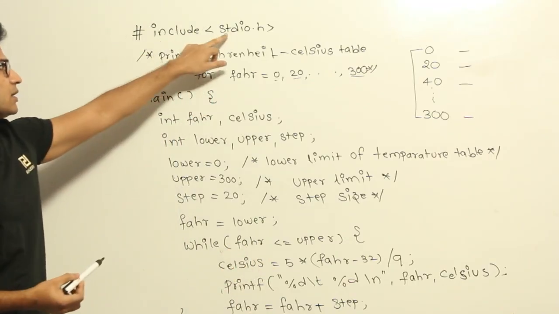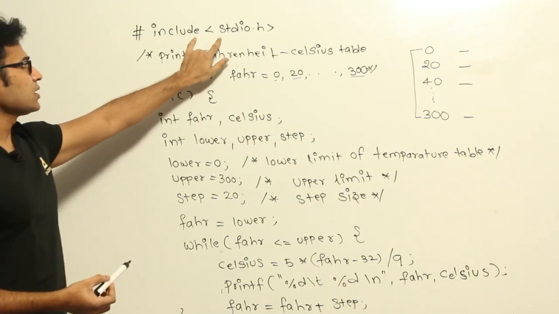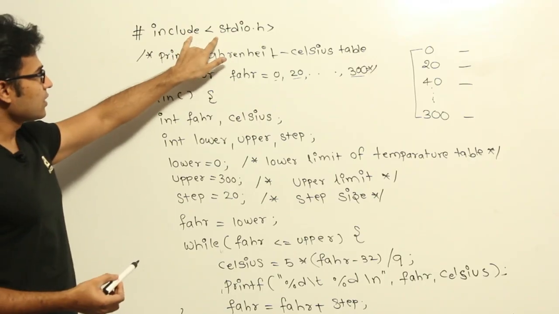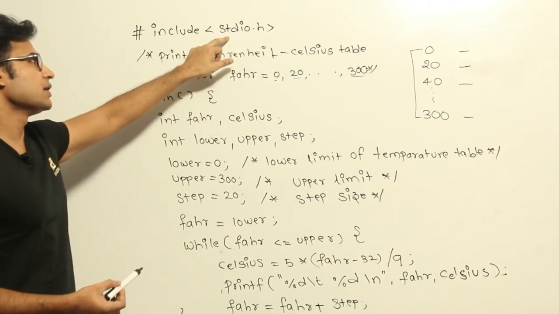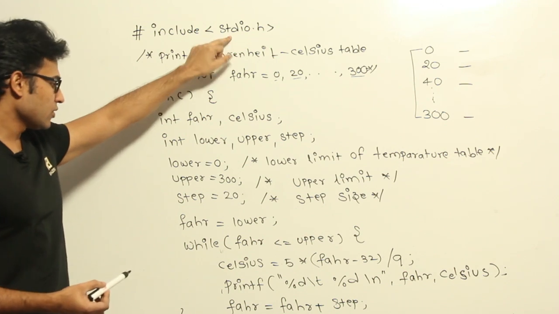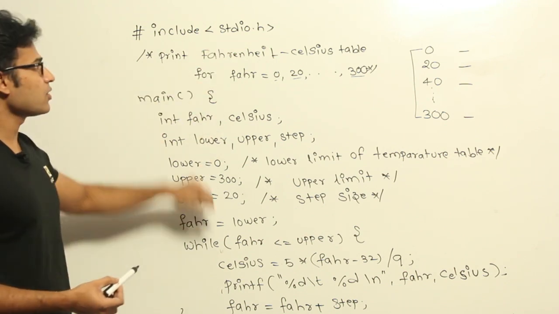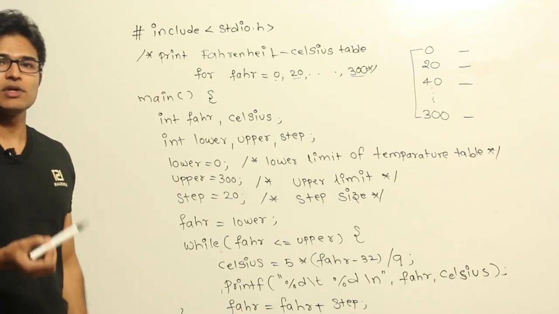Hash include stdio.h. Now this line is just a preprocessor directive which will indicate to the preprocessor to include this file in this program. Why is it needed? As I told you, wherever you are going to use printf, since printf is a library function and we are not declaring it. Before you use any function, you have to declare it.